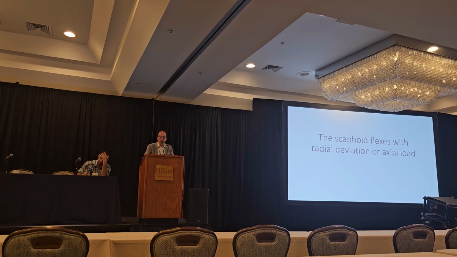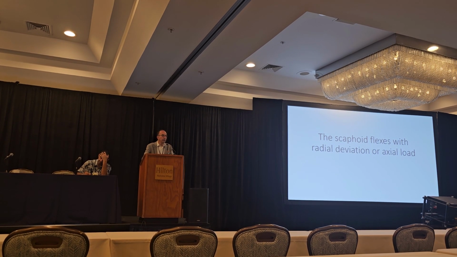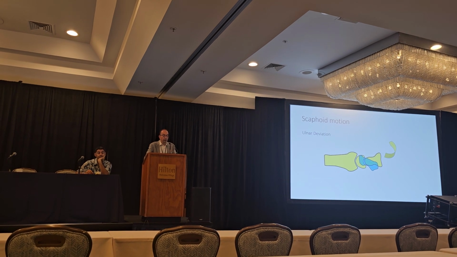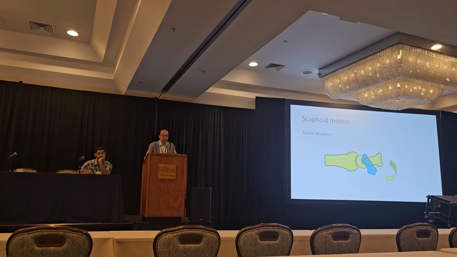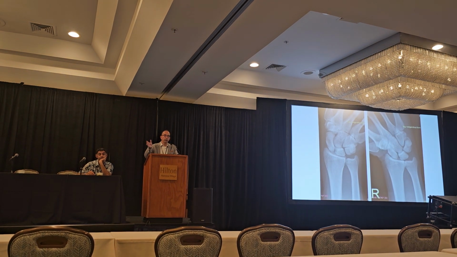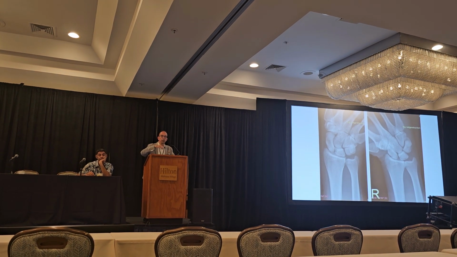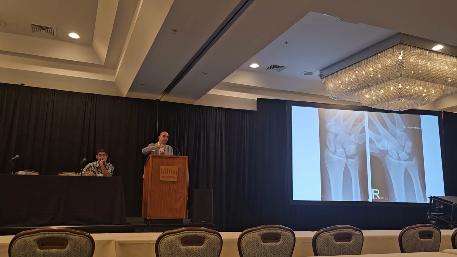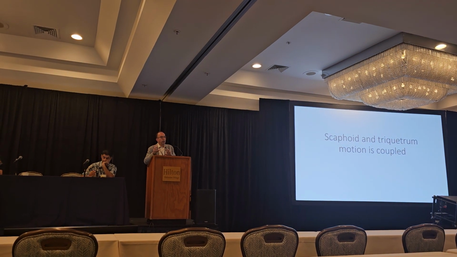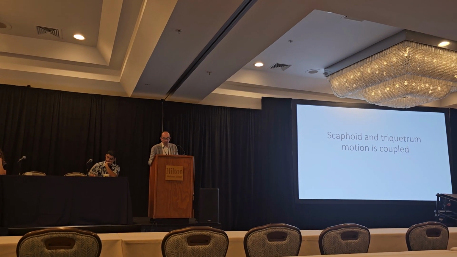As you heard before, the scaphoid flexes with radial deviation and axial load. So in ulnar deviation it's extended, in radial deviation it's flexed, and this is why we ask for our scaphoid views to be in ulnar deviation, to see the scaphoid extended in its whole length. The movement of the scaphoid and the triquetrum is coupled.